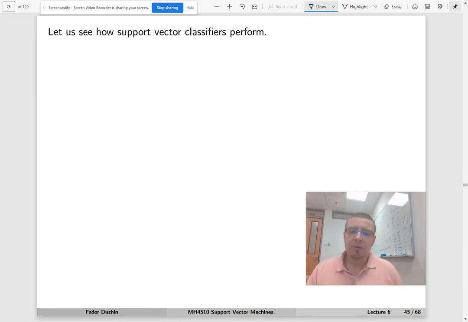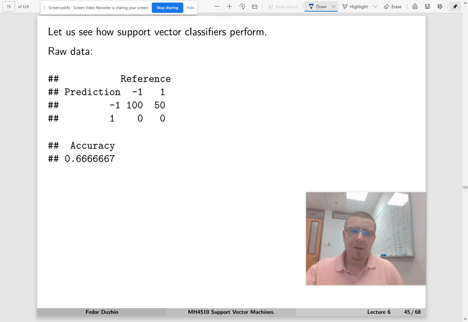Okay, so now let us see how these linear support vector classifiers perform. A linear support vector classifier is the same as the soft margin classifier. On the raw data in the two-dimensional space, basically we cannot distinguish the positive class at all.